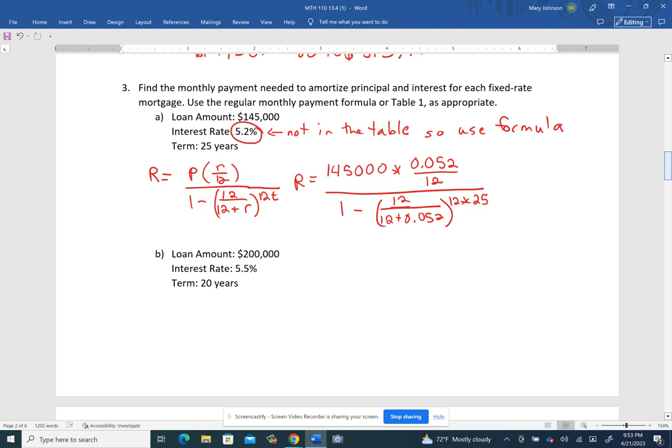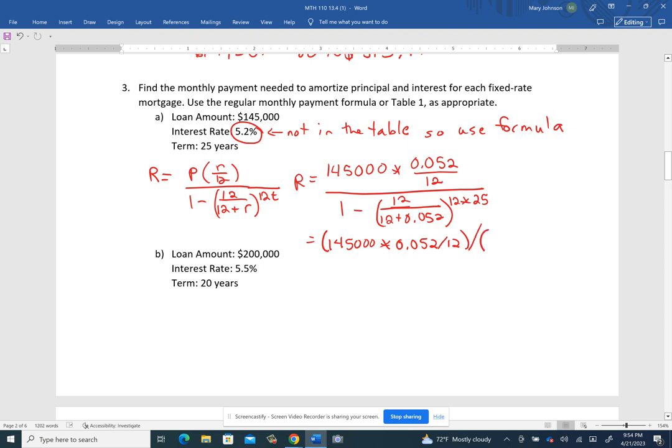All right, so we're going to enter the numerator, 145,000. Oops, too many zeros. Don't do that on the calculator. And then times 0.052 divided by 12. Okay, that'll all work like you need it to.